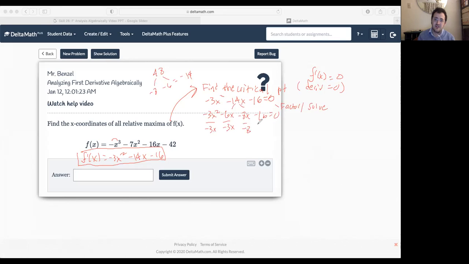And then over here, you do the same. So the negative 8x and the negative 16. So I have negative 3x times (x plus 2), and then I have a minus 8 times (x plus 2) equals 0. So I got minus 3x minus 8 equals 0, and x plus 2 equals 0.